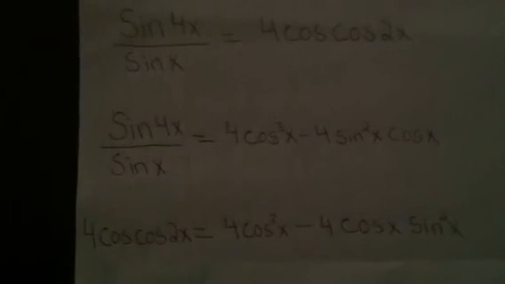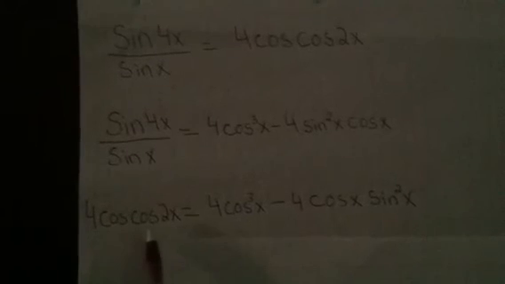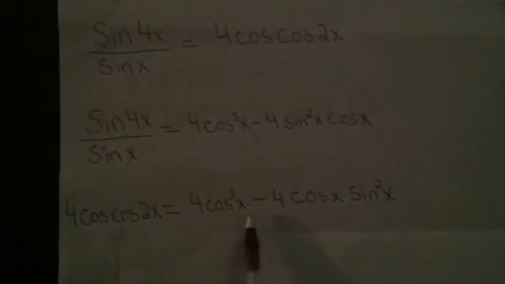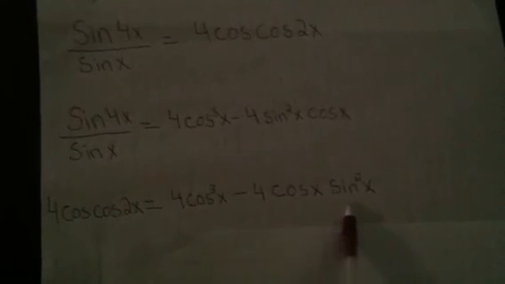And this side of the equation, we turned it into 4 cosine cubed x minus 4 cosine x sine squared x. If you notice that sine 4x over sine x equals 4 cosine cubed x minus 4 sine squared x cosine x, and 4 cosine x cosine 2x equals 4 cosine cubed x minus 4 cosine x sine squared x.